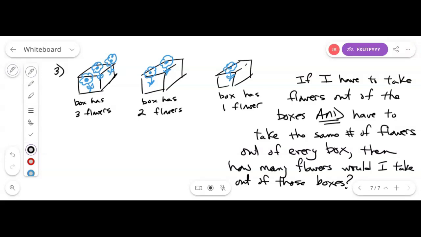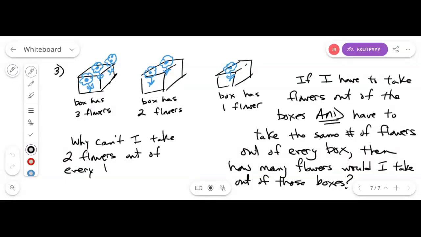Okay. All right. How come I can't take 2 flowers out of every box?